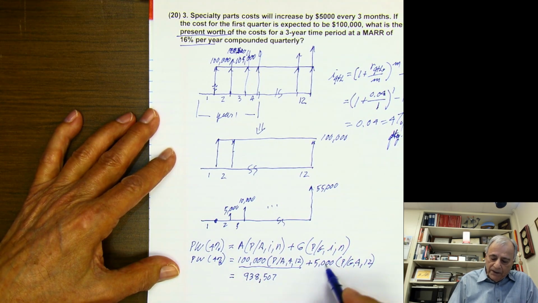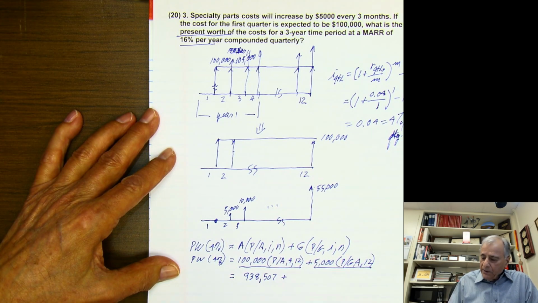And then if you go to your app, plug in for this number, you get 236,239.